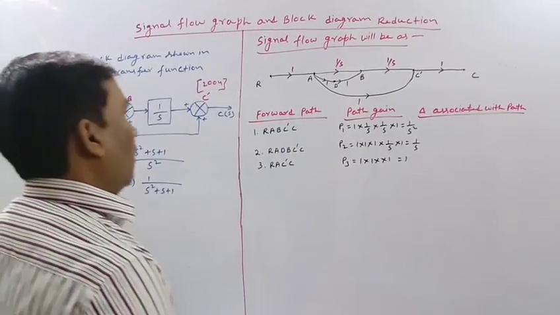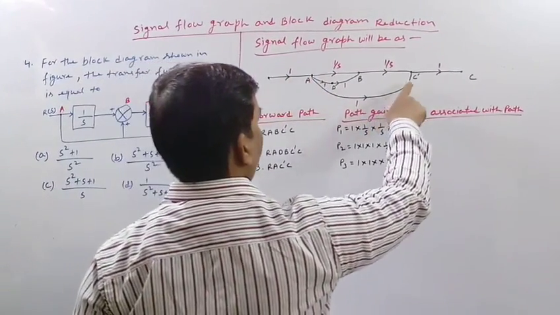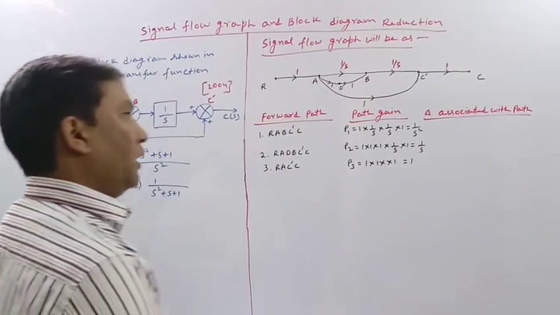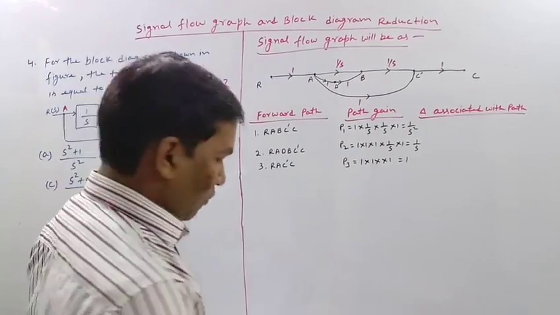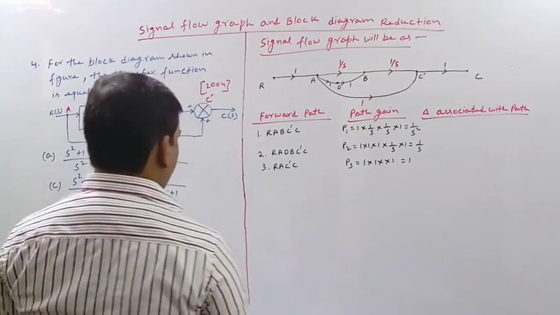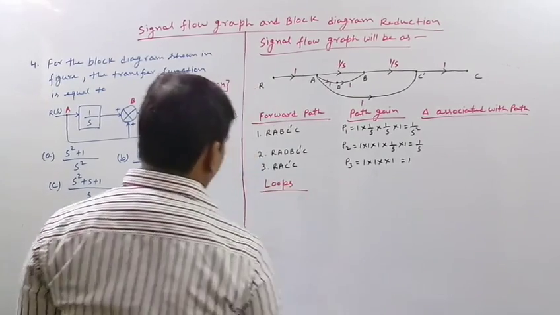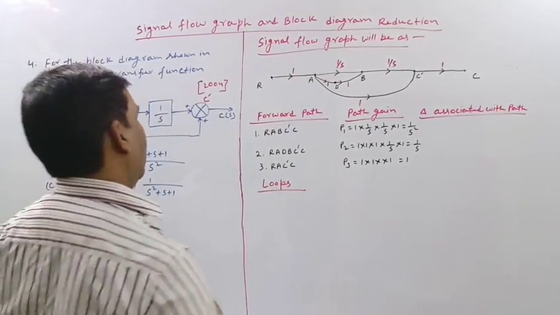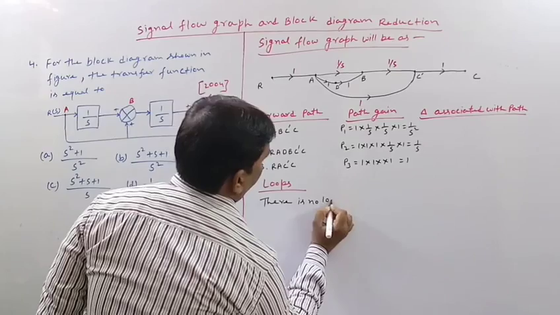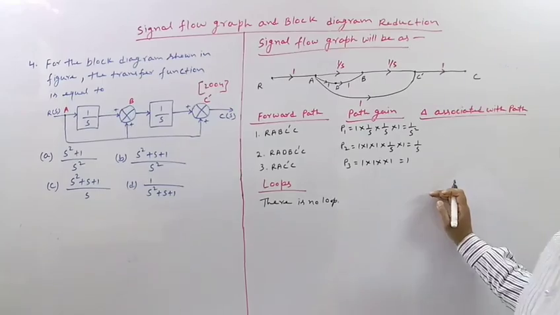And what are the loops? Is there any loop or not? This one is not making any loop, this one is also not making any loop. So there is no loop. Under the heading of loops we write: there is no loop. So delta associated with these paths will be only 1.